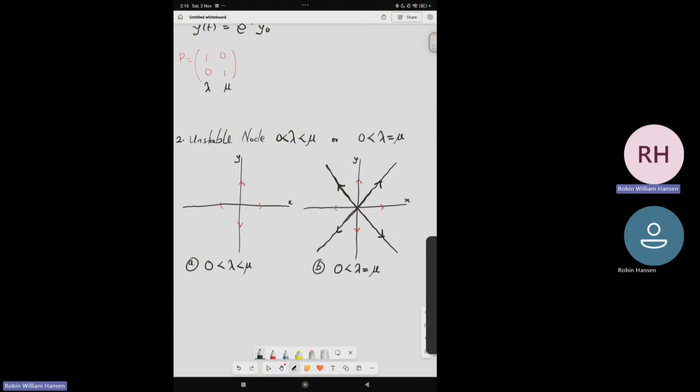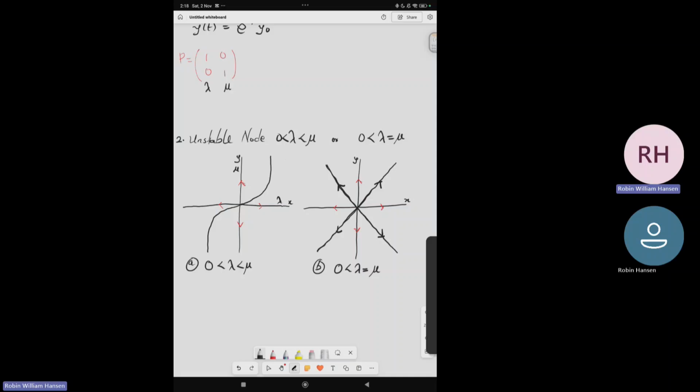Now, our mu will be here, and our lambda will be here. Our solution will start this way, and as it approaches infinity, it will be parallel to mu.